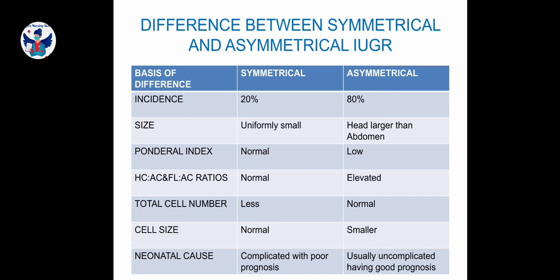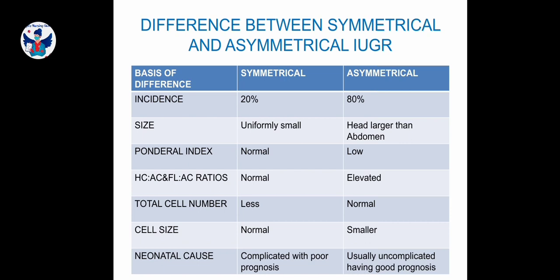Next, the head circumference to abdominal circumference ratio and the fetal length to abdominal circumference ratio are normal in the symmetrical type and elevated in the asymmetrical type. Then the total cell number is less in the symmetrical type and normal in the asymmetrical type. Then the cell size is normal in the symmetrical type and smaller in the asymmetrical type.